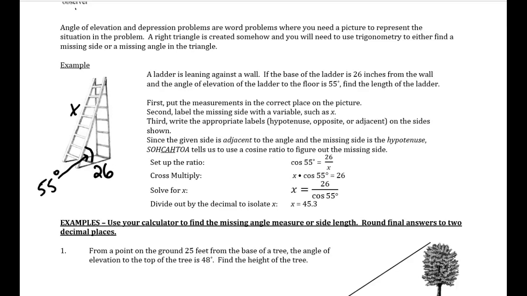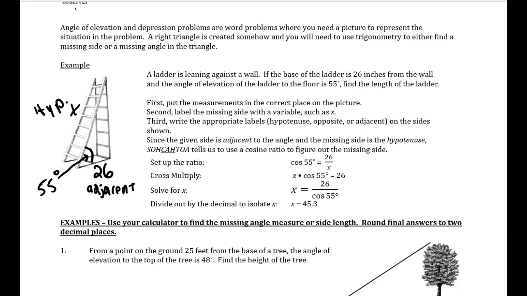We labeled everything, so first, let's put the measurements in the correct place on the picture. We've done that. Second, label the missing side with a variable such as x. We've done that. Third, write the appropriate labels, hypotenuse, opposite, and adjacent, on the sides shown. So if this is our reference angle, 26 is what we would be calling the adjacent side. X is what we would be calling the hypotenuse.